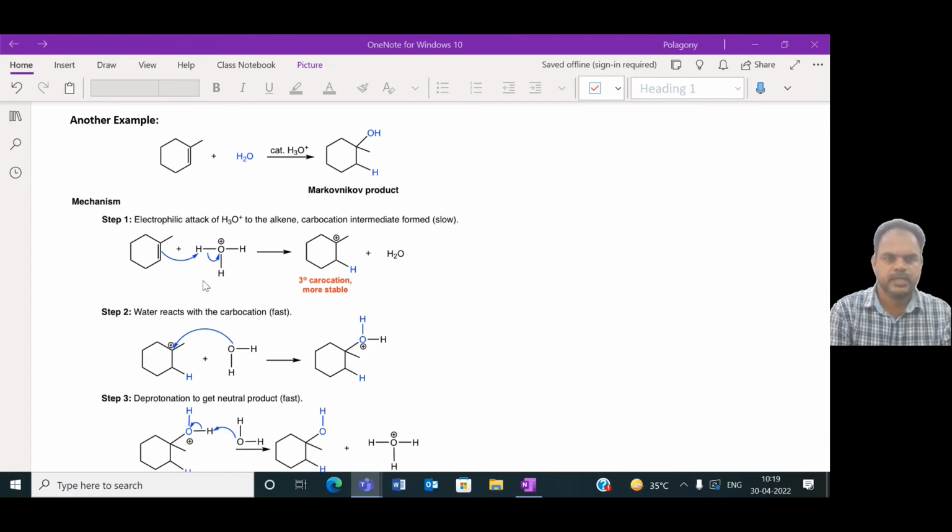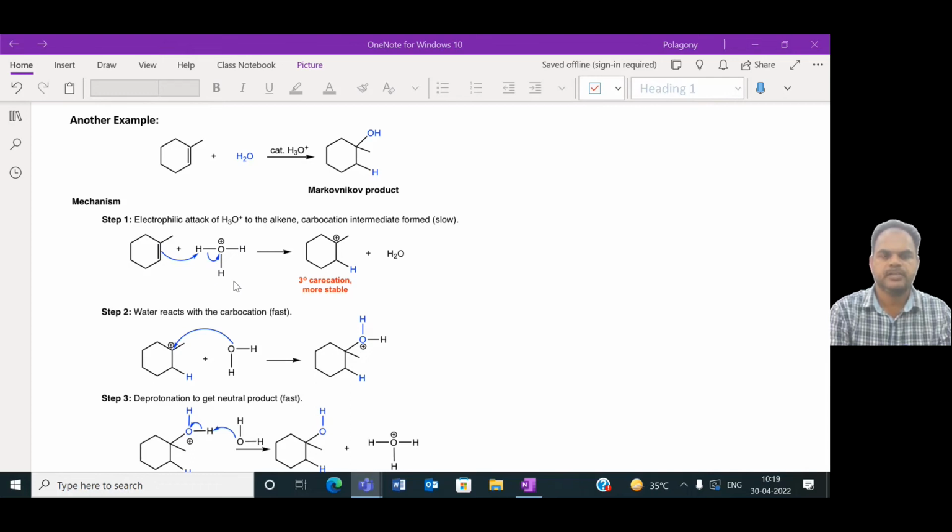Now look at this 1-methyl cyclohexene. The electrophile hydronium ion is attacking this double bond, so protonation is done to the double bond.